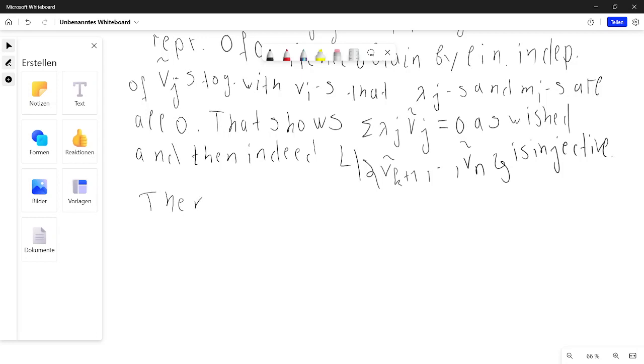Then the images of w_{k+1} until v tilde_n are linearly independent.